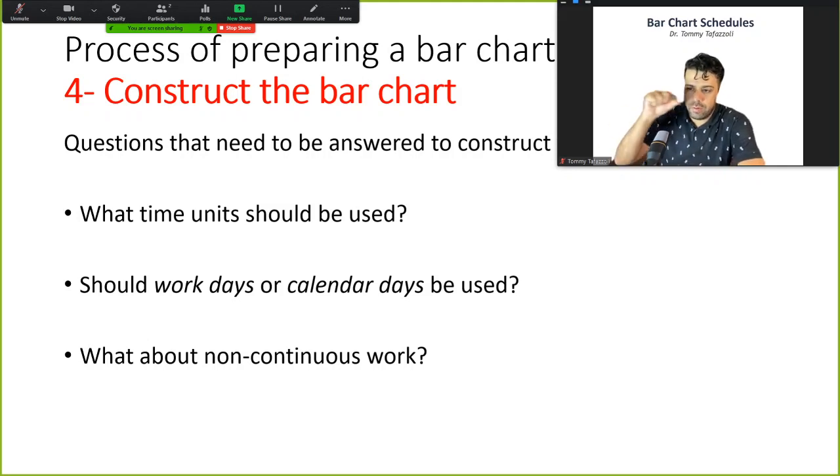Whenever you have a bar chart, it means the work is in progress without interruption. You can never say, okay, in this day you don't have to work. If that is the case, you just cut the bar and then you start another bar for the next part of the job.